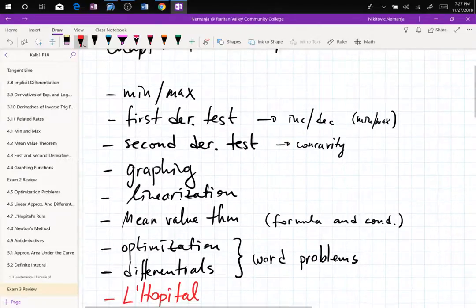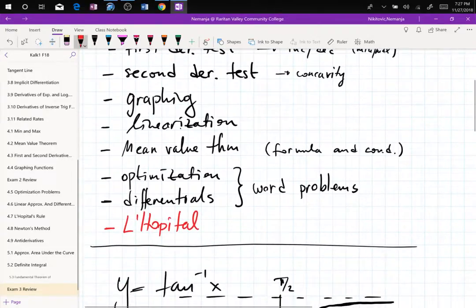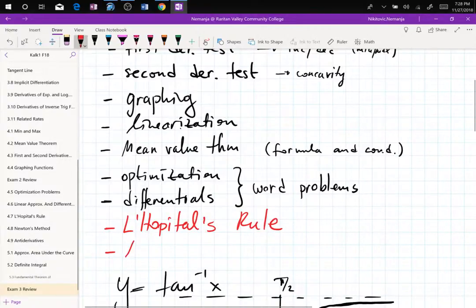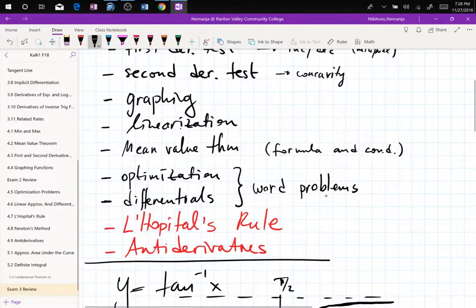No? Yes. Wow, that's missing too. There we go, much better, thank you. Antiderivatives are the ones with the plus C from 4.9.